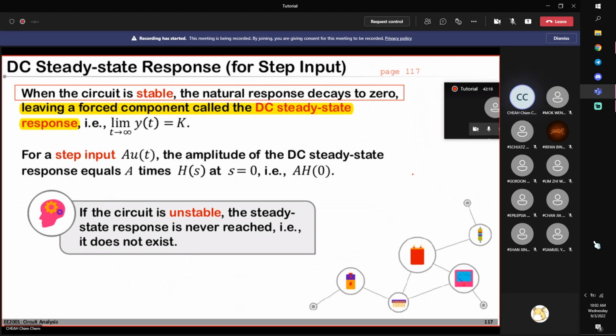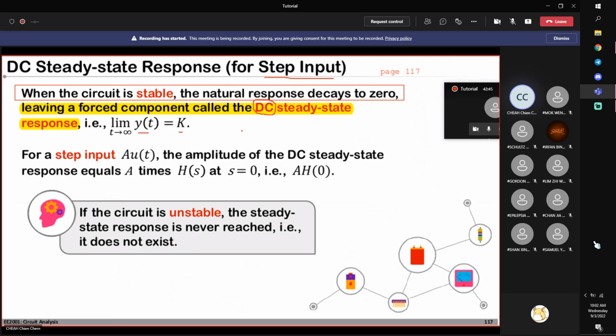So let us look at these definitions. When the circuit is stable, it means that the natural response is 0. So as such, the steady state output of your circuit, for a DC input, here referring to DC, that means a step input, will be a constant.